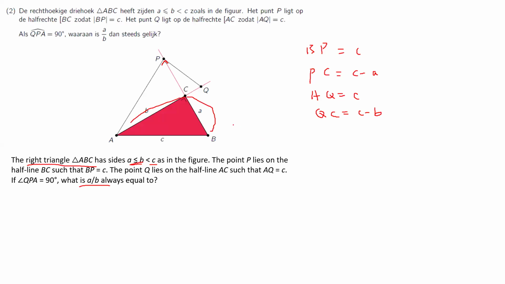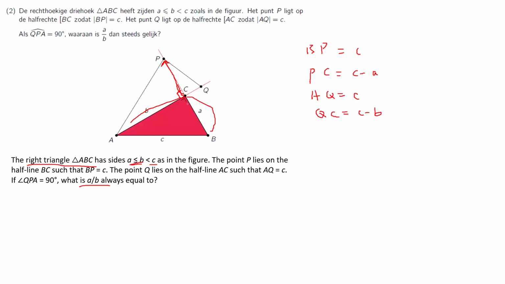And notice that the angle ACP is also a right angle because ACB is a right angle. So PC is the height on the hypotenuse in the triangle QPA, where the angle P is a right angle.